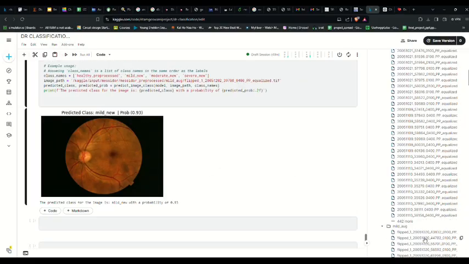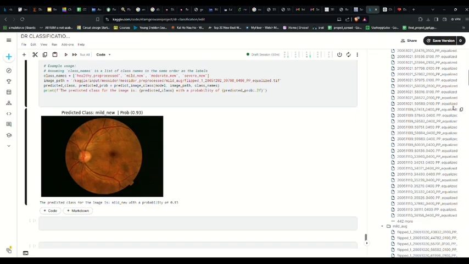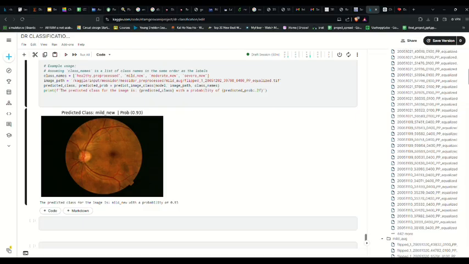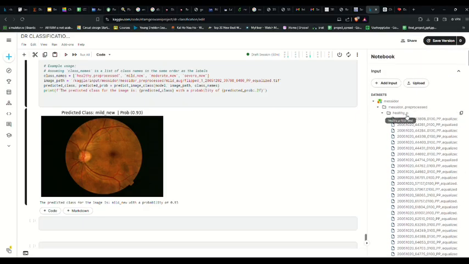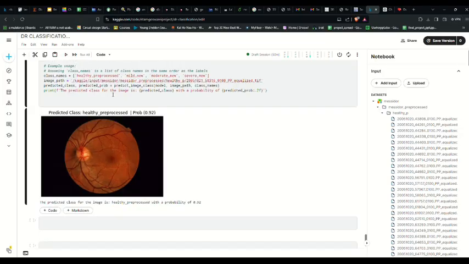So yeah, it correctly specifies it as mild with a probability of 93%. So now let us try to predict an image from here. Yes, so it belongs to the healthy class. It correctly predicts the class as healthy with a probability of 92%.